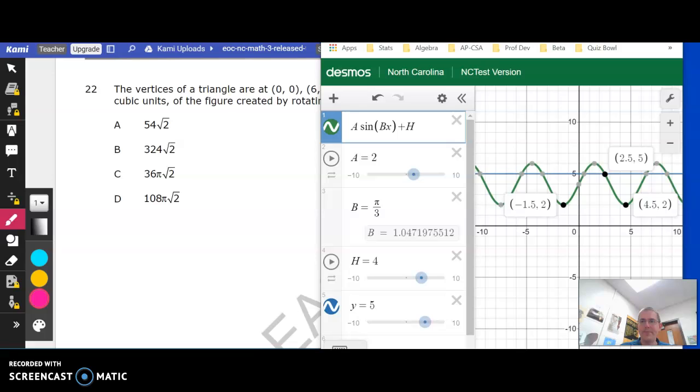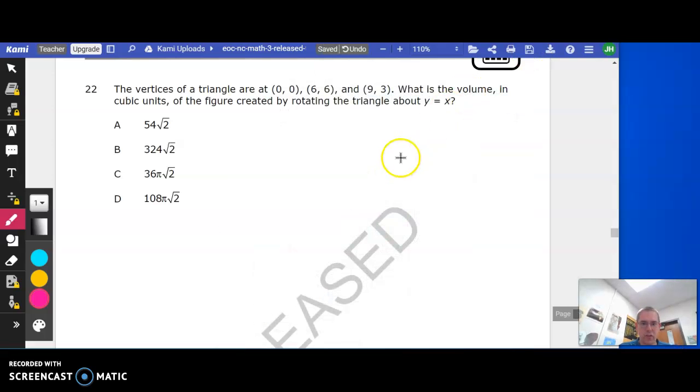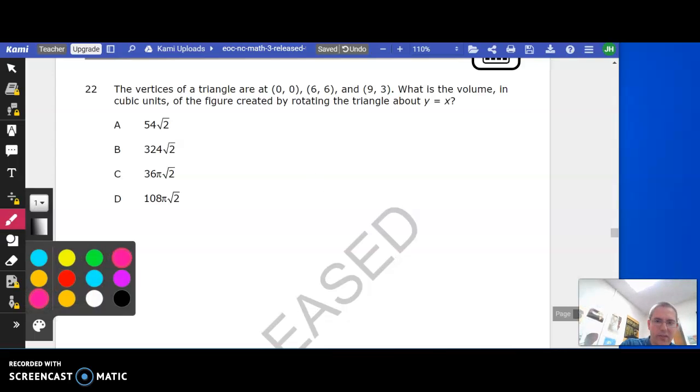Okay, on the next one, the vertices of this triangle, and it talks about rotating it. If it's going to talk about shapes, it doesn't show me. I want to see what they are. So there's 0, 0, over 6, up 6, and then over 9, up 3.